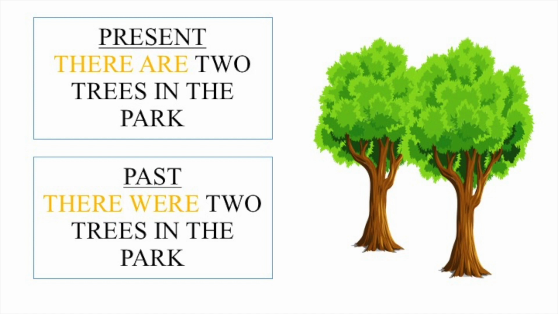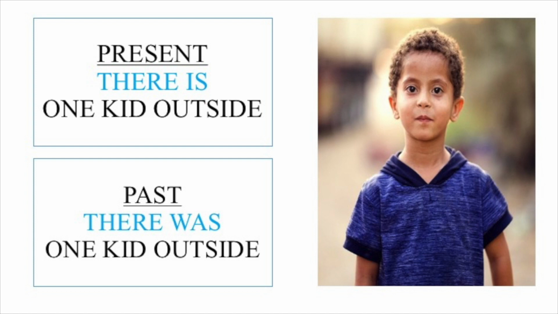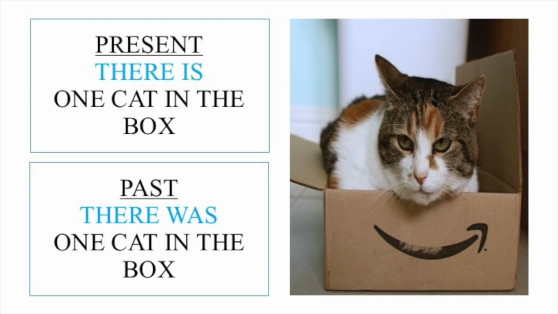Excellent, great pronunciations, guys. Now back to singular objects. There is one kid outside. There was one kid outside. Perfect. Single object again, a cat. There is one cat in the box. And then later we would say, for the past tense, there was one cat in the box.